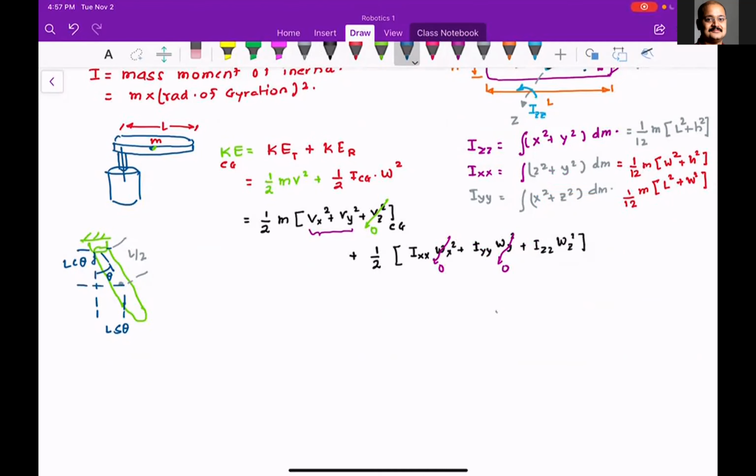If you were to write the homogeneous transformation matrix for this link, and we have done that, the only issue here is you have to find out the position at the center of mass.